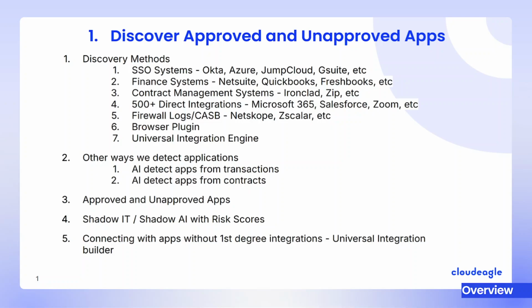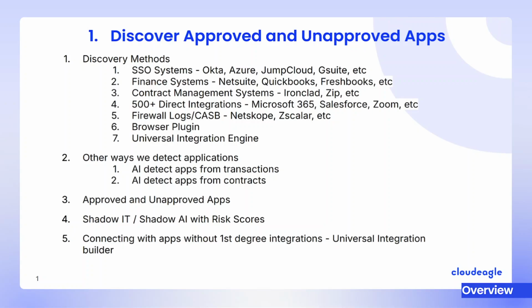Combined with 500+ direct integrations, including Microsoft 365, Salesforce, and Zoom, you gain feature-level insights and richer data across your entire app landscape. We also pull data from your finance systems, with integrations for NetSuite, QuickBooks, FreshBooks, and more.